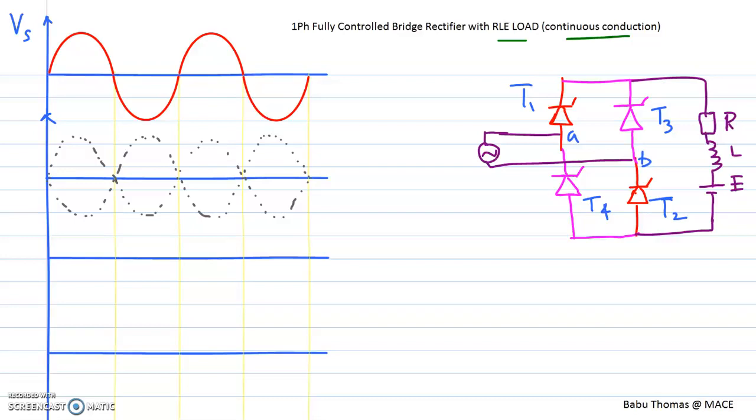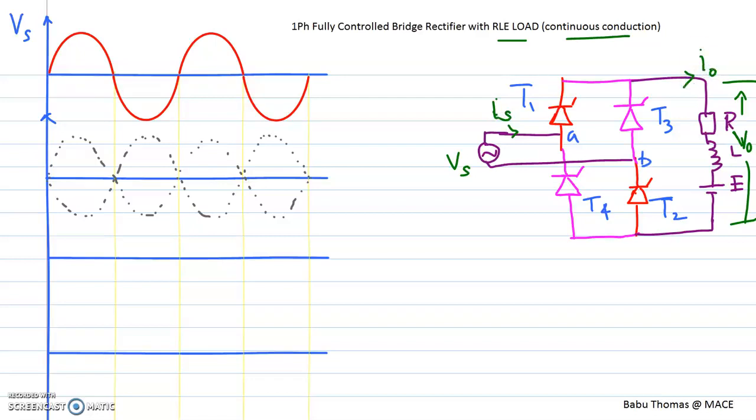Now you are applying the source voltage Vs, which is nothing but Vm sin omega t, and then you will be having your load, that is, your output voltage V0 across the load R, L and E. So you will be having a source current Is and you will be having a load current I0.